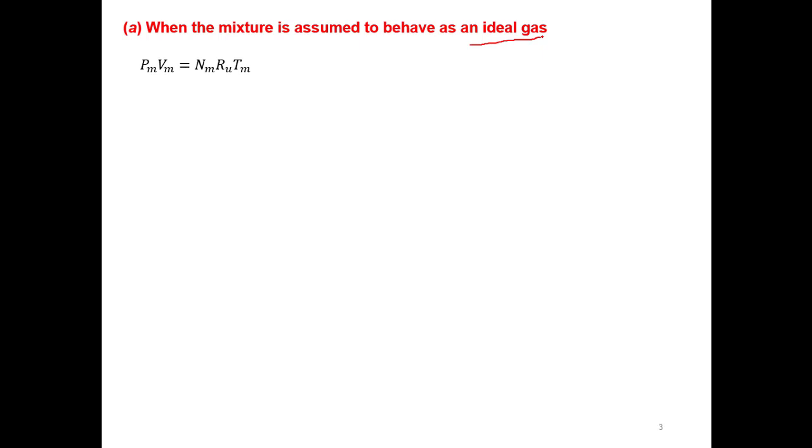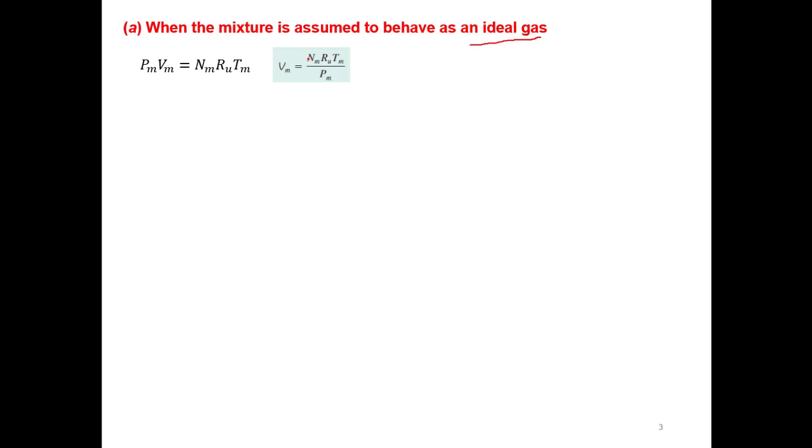We know that the ideal gas equation is Pm Vm is equal to Nm Ru Tm. In this equation, we have only one unknown, which is the volume of the mixture. So the volume of the mixture is equal to the number of moles of the mixture times the universal gas constant times the temperature of the mixture, divided by the pressure of the mixture.